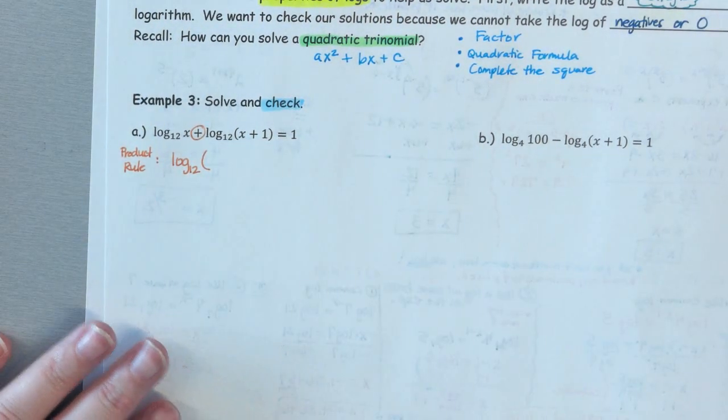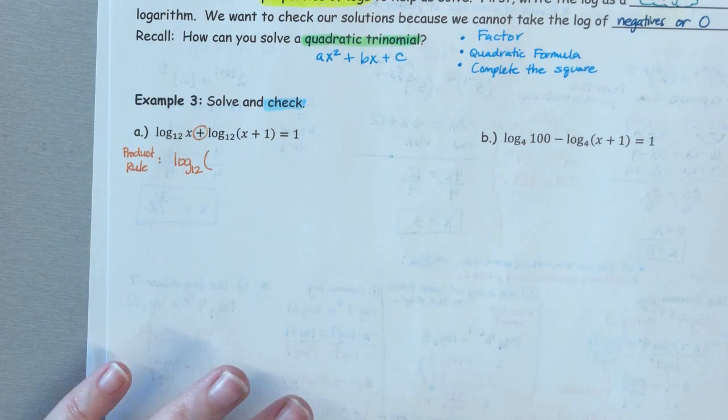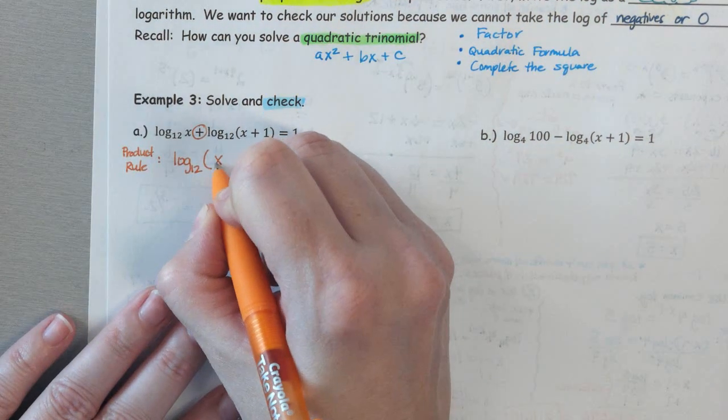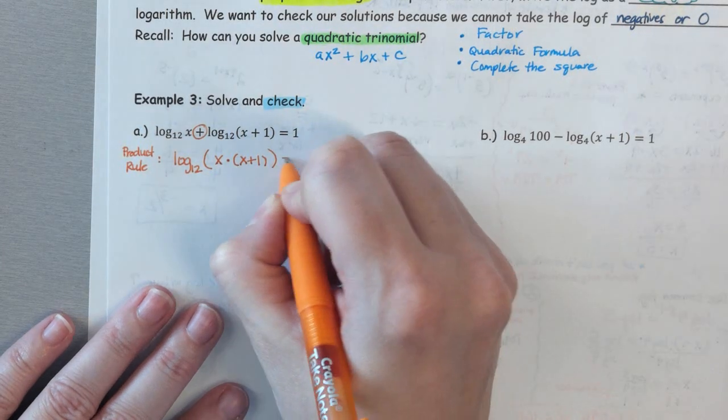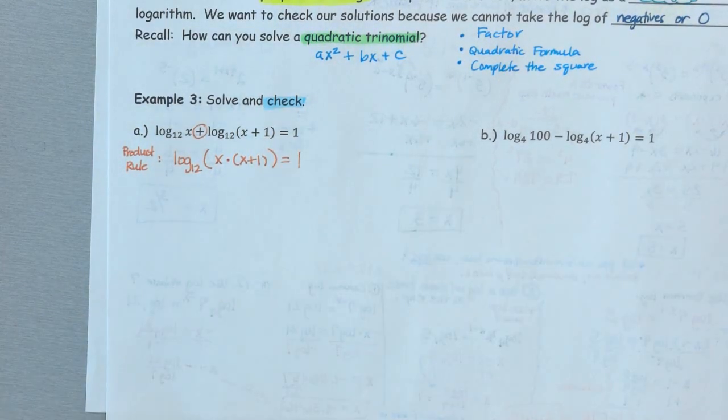So this is log base 12 of x times x plus 1. If it is addition, you can rewrite that as multiplication. And then we want to simplify.